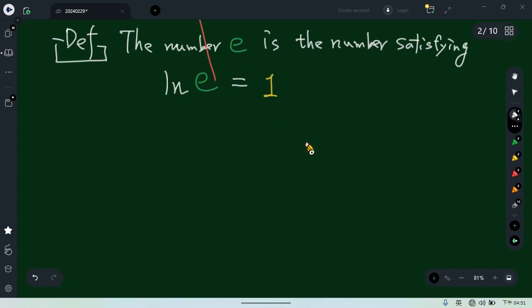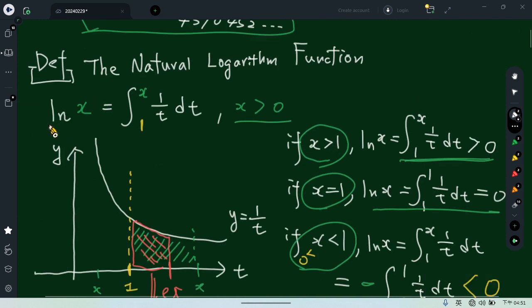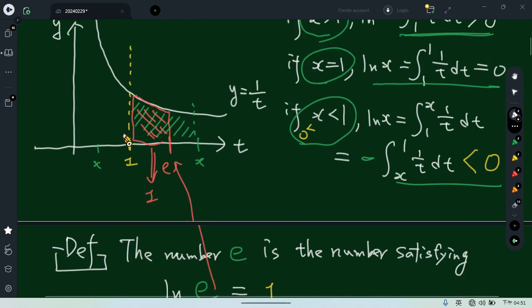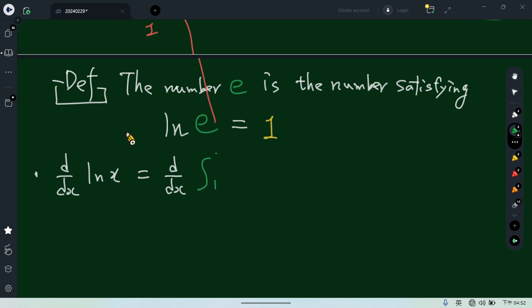Then, since ln x is a function, it's f of x, right? So we can try to differentiate ln x. By following the definition, it will become this.